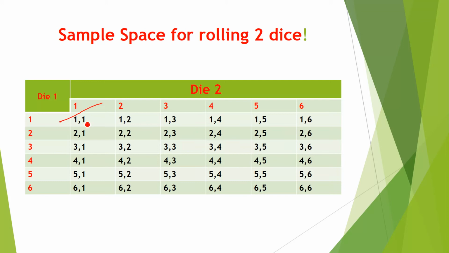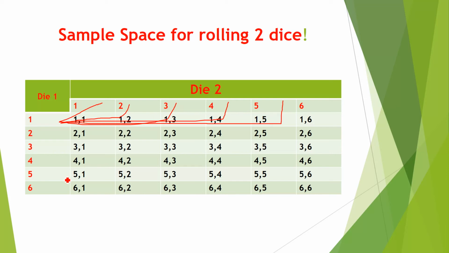Maybe on one die 1 comes and on the other die 2 comes. Similarly, the third is 1 and 3. The fourth possibility is 1 on one die and 4 on the other. In the fifth, one die has 1 and the second has 5, and so on.